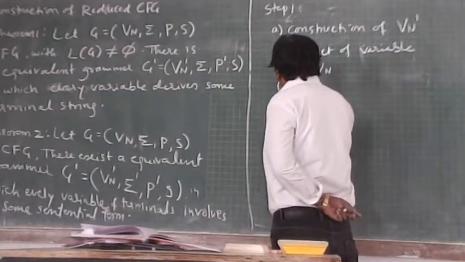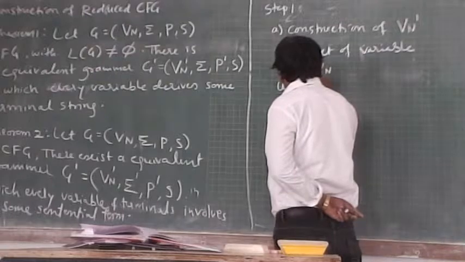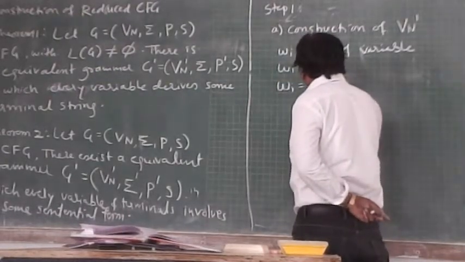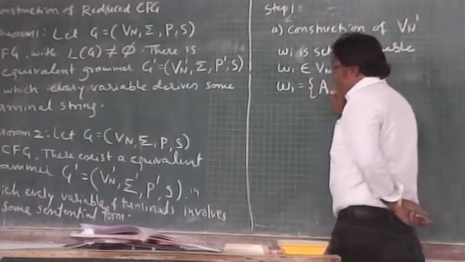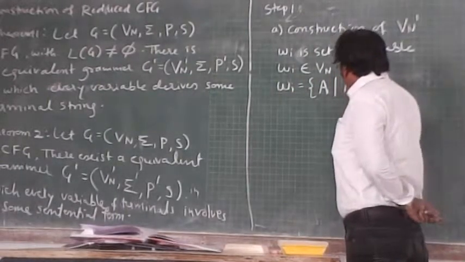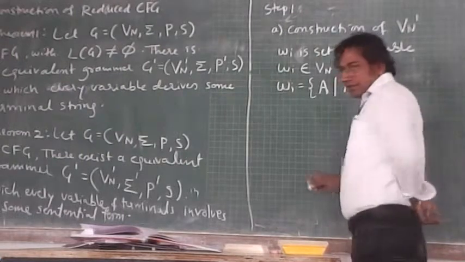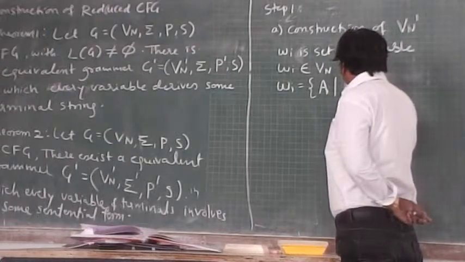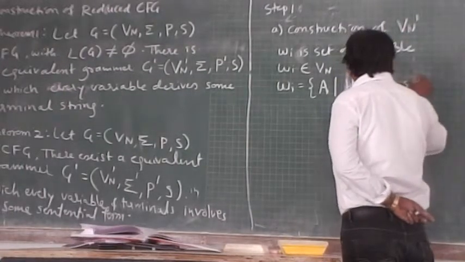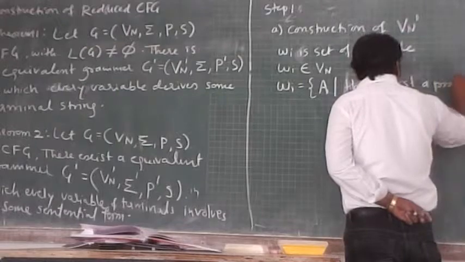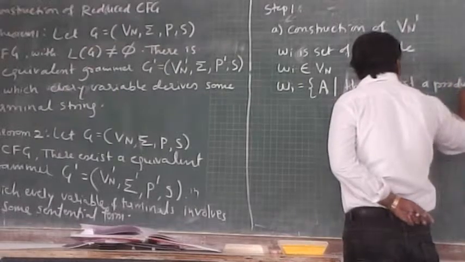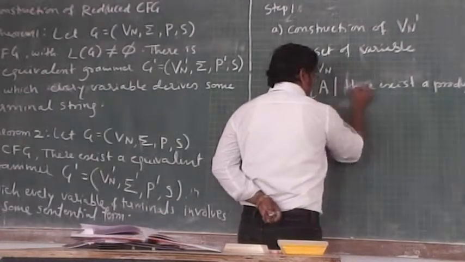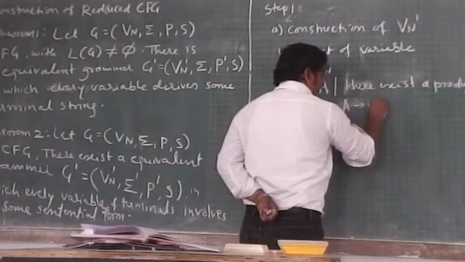So Wi consists of a variable A, where there exists a production A implies w.